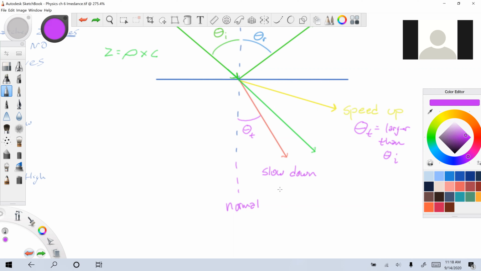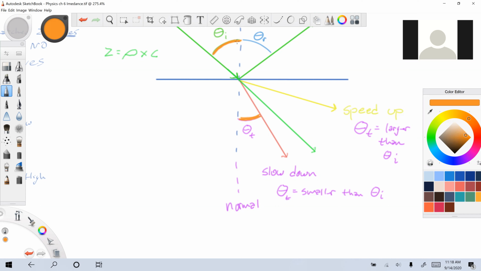Slow down, theta t is smaller than theta incident. Different color. You can see that this angle here is not quite as big as this angle here, so it slows down.